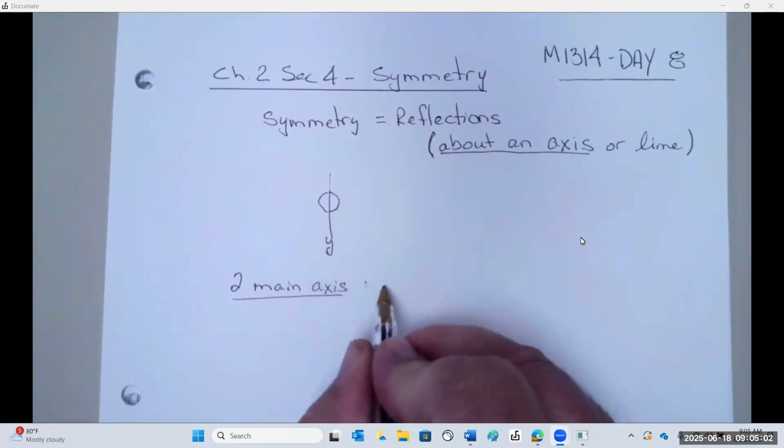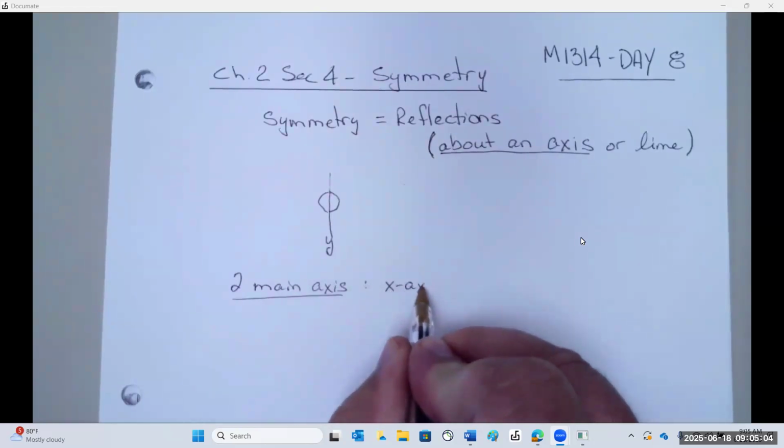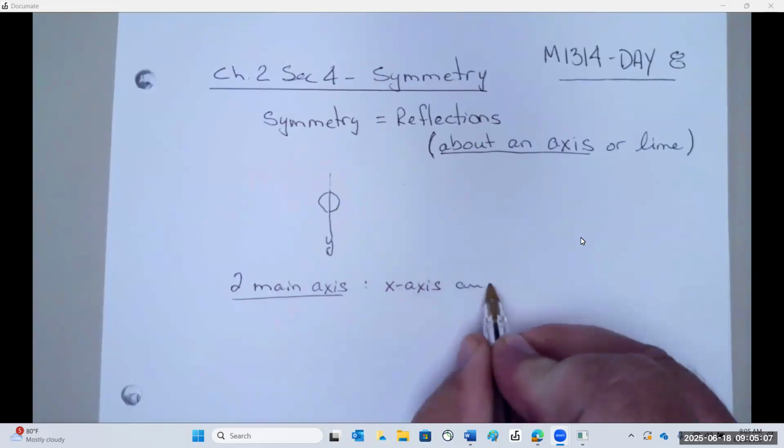Two main axes are the x-axis and the y-axis.